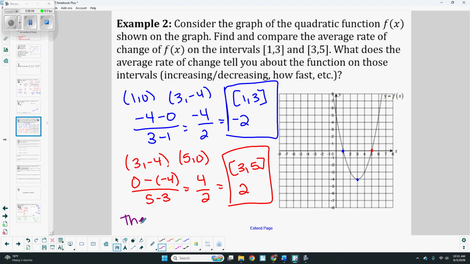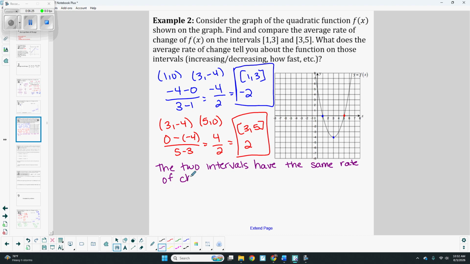The two intervals have the same rate of change, but decreases from x equals 1 to x equals 3, and increases from x equals 3 to x equals 5.